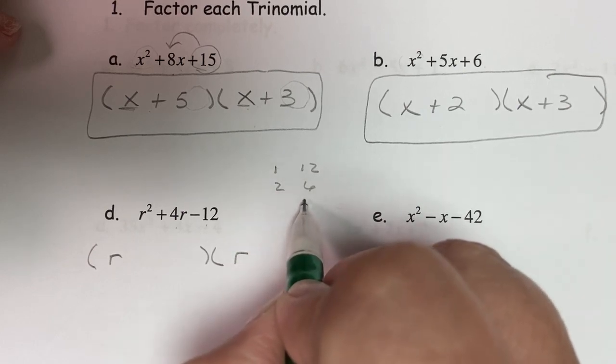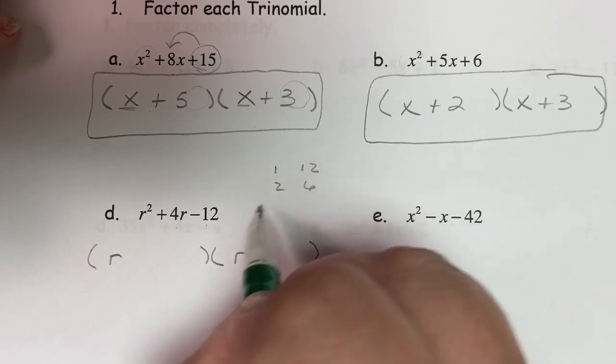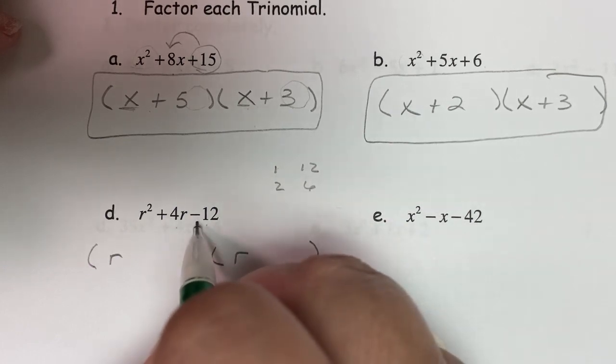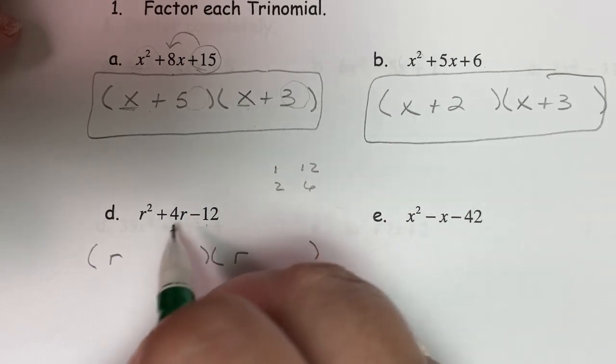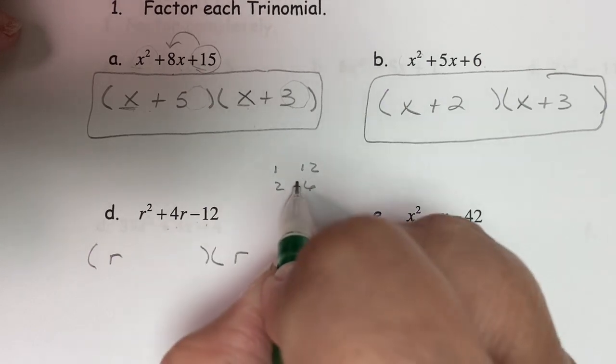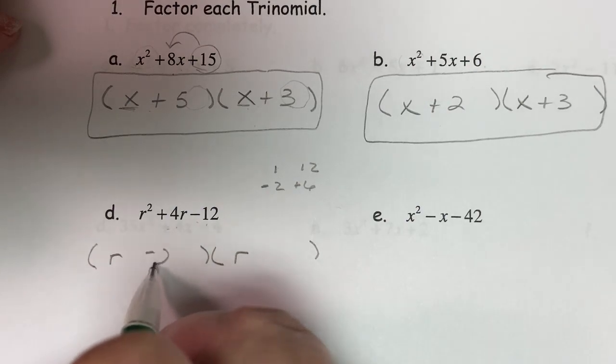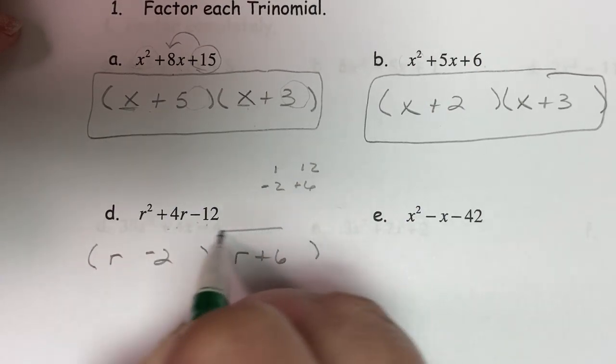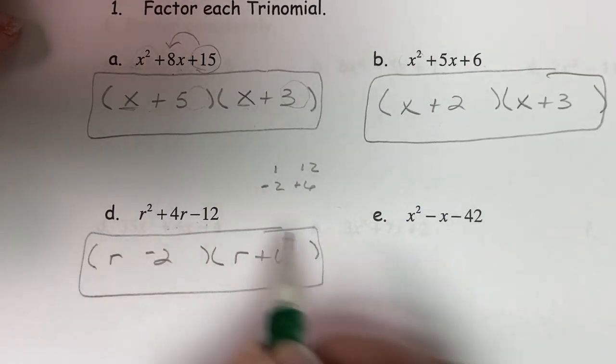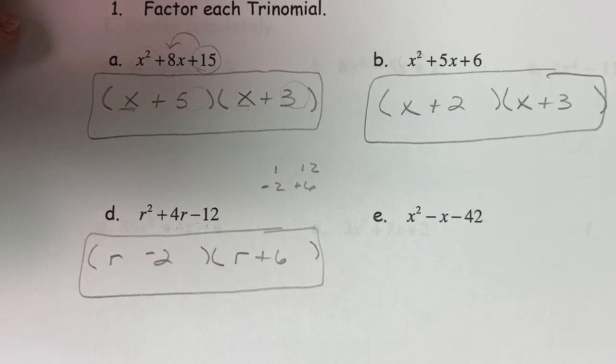Absolutely. Now remember, they have to multiply together to get a negative 12, so one of them has to be negative, but add together to get a positive 4. So that means it's going to be a positive 6 and a negative 2. And you have unmultiplied that, factored it.